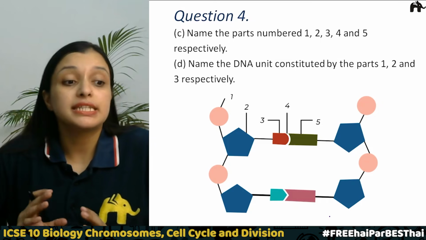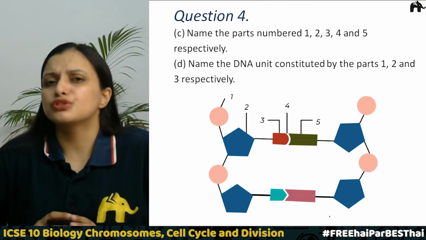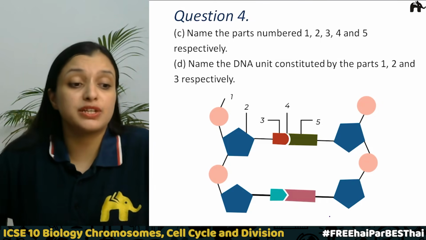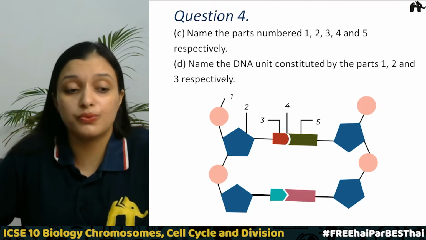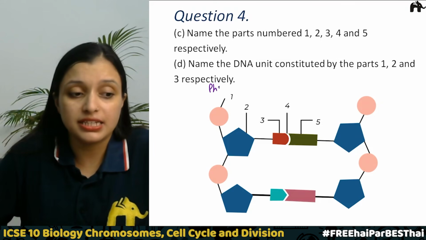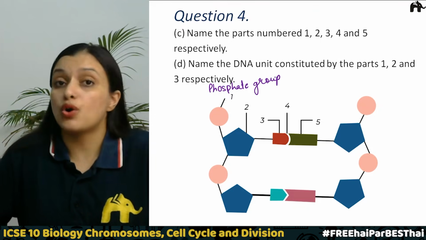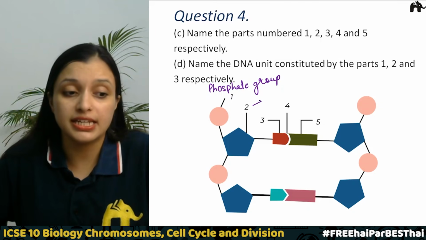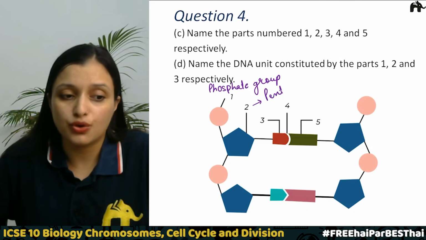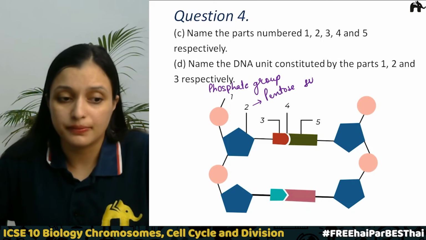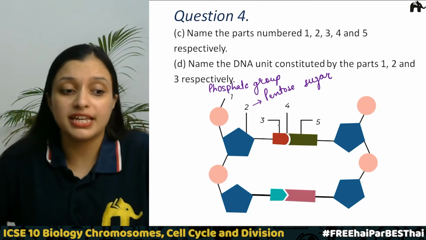Now the C part, name the parts numbered 1, 2, 3, 4 and 5 respectively. What is 1? Just now we labeled it, it is a phosphate group, right? Now what is 2? It is a pentose sugar. What is this?